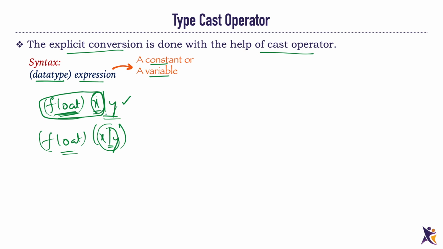After the evaluation of the expression, the variable x will take its original data type, which is int. So if you are going to use the variable x later down the line, it will be an integer only. Now let's look at an example to understand this explicit typecast operator.